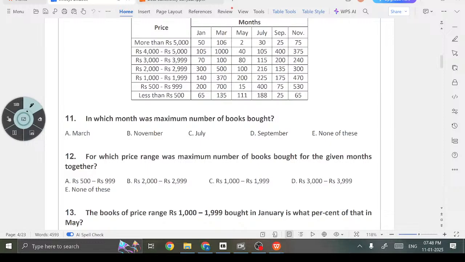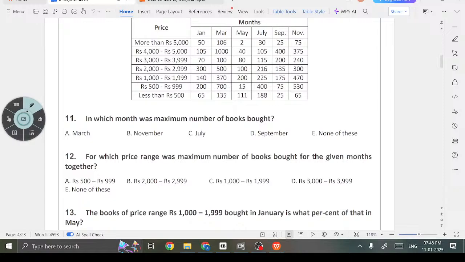All right, let's see. In which month was the maximum number of books bought? Now here, when you see this, you should not solve everything because it will take a lot of time.